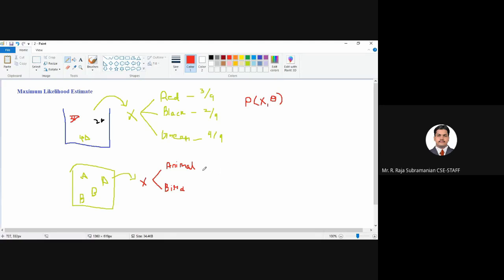But we don't know with how much probability it identifies animal and how much probability it identifies bird. I cannot track these numbers. These numbers are actually a question mark in machine learning. I cannot say them initially. I directly have the probability of some x given theta. I don't have this initial information.